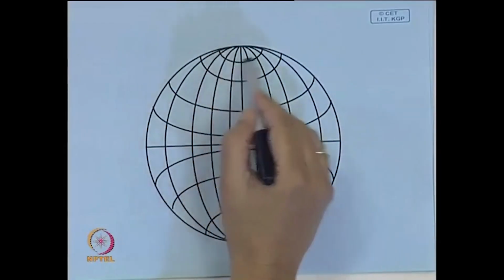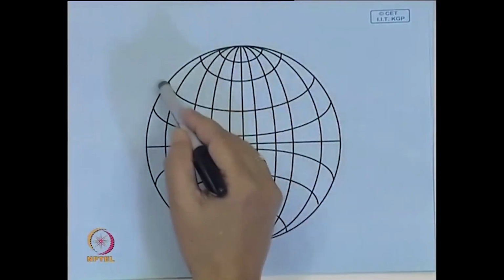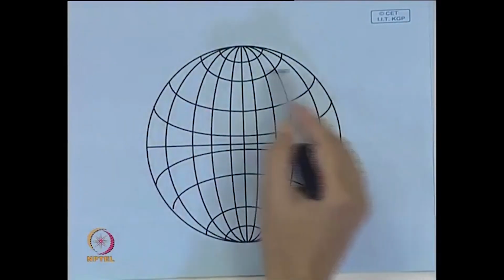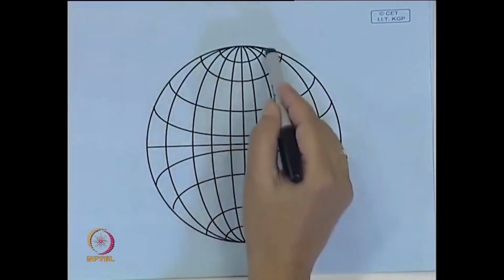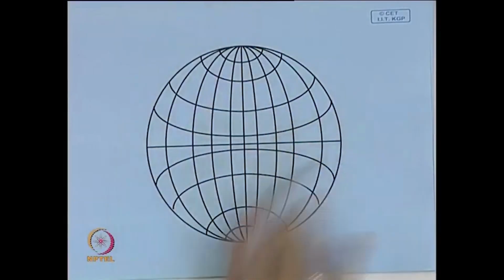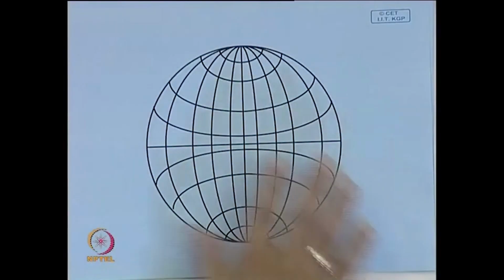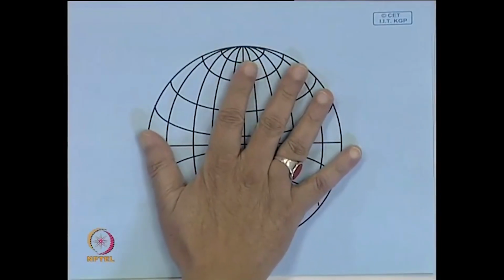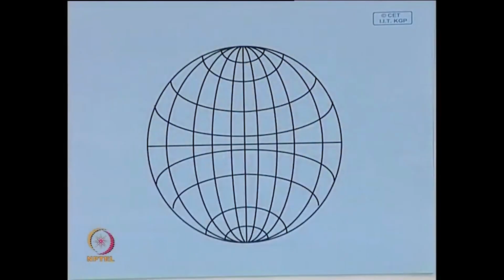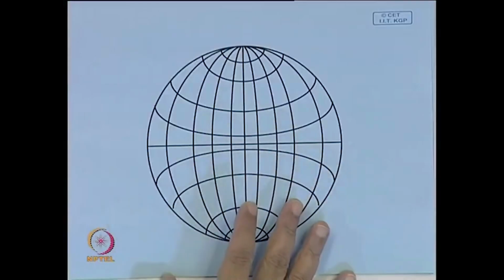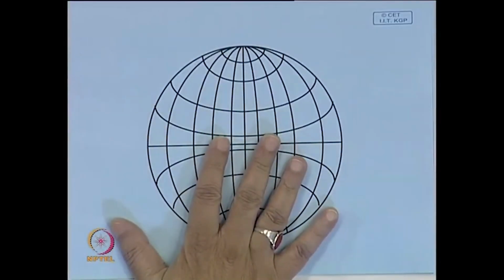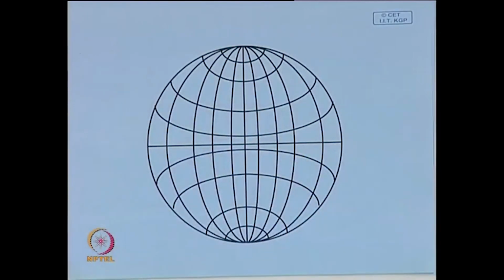You will have projections of these small circles like this, called latitudes. It is exactly similar to that globe, and this type of reference net is called the Wulff net, and it is used to perform angular measurements on stereographic projections.